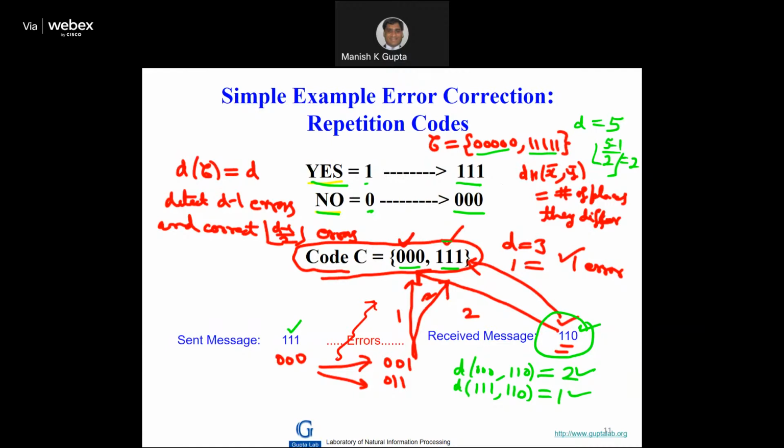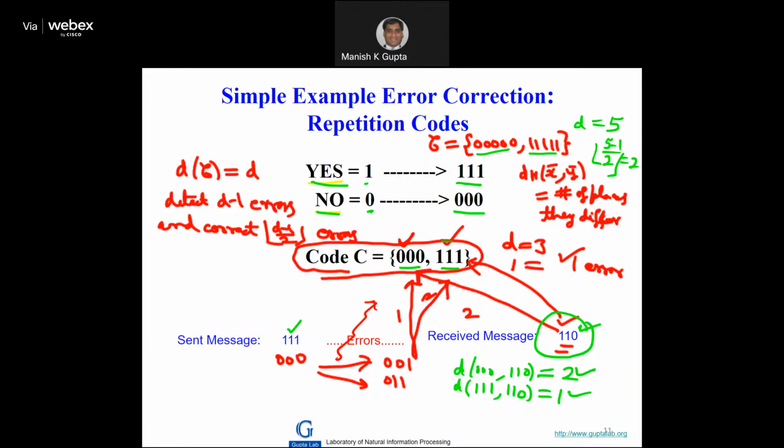So what is the distance here? 3. 3 is the minimum distance among all the code words, all the vectors. If the distance is D, you can correct (D minus 1) by 2 errors. This is a theorem. For example, here the distance is 3, so 3 minus 1 by 2 is how much? 1, right? So you can correct a single error.